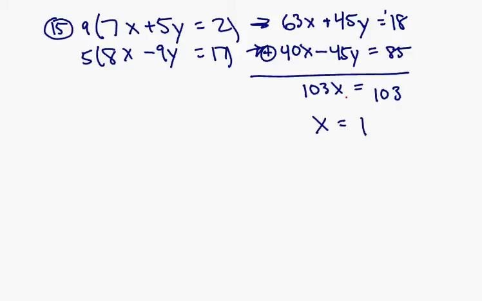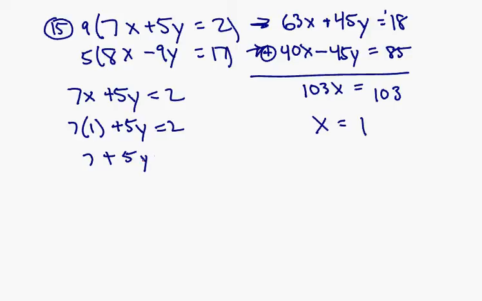Alright? So with x being equal to 1, now all I have to do is take one of the equations. Let's take the first one, 7x plus 5y equals 2. Let's substitute 1 in for x. So I have 7 times 1 plus 5y equals 2. 7 plus 5y equals 2.